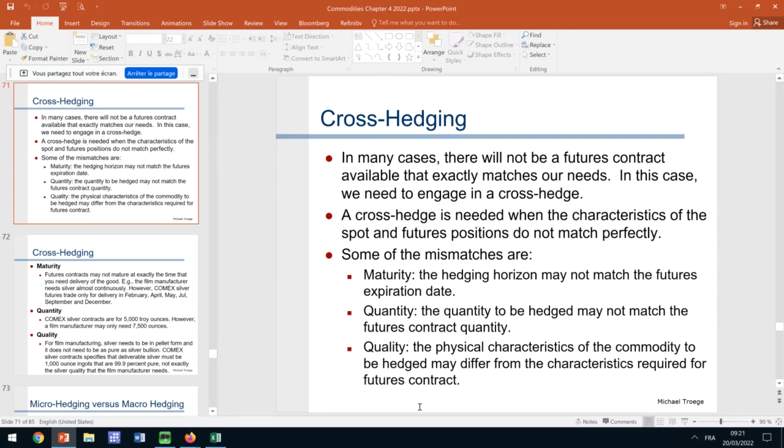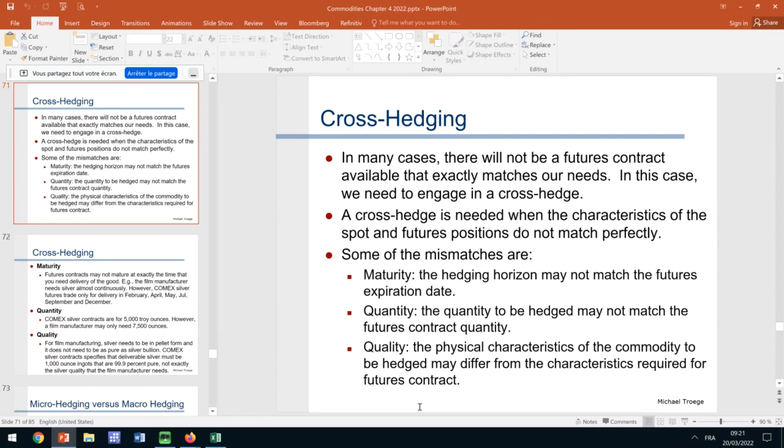So you can calculate the optimal hedge ratio: how many futures contracts do I have to buy per unit that I produce. And you can calculate that this optimal hedge ratio is always smaller than 1 if there is an imperfect correlation between these two contracts.